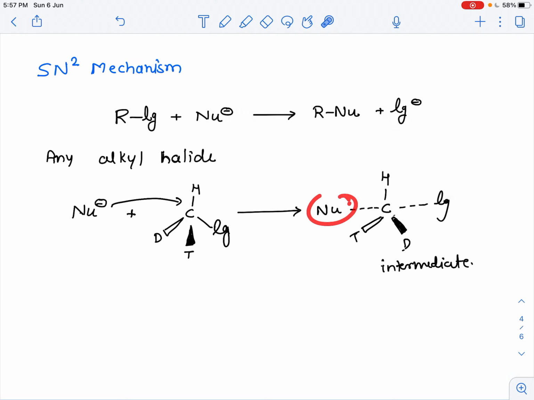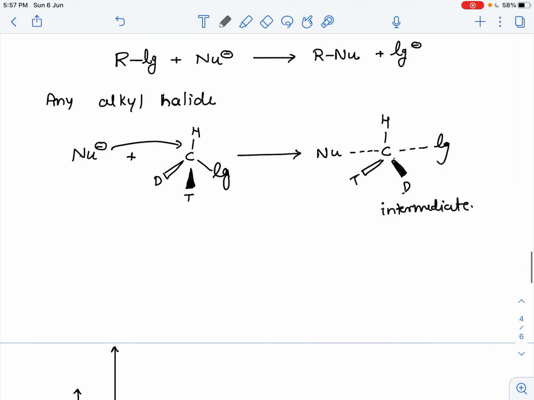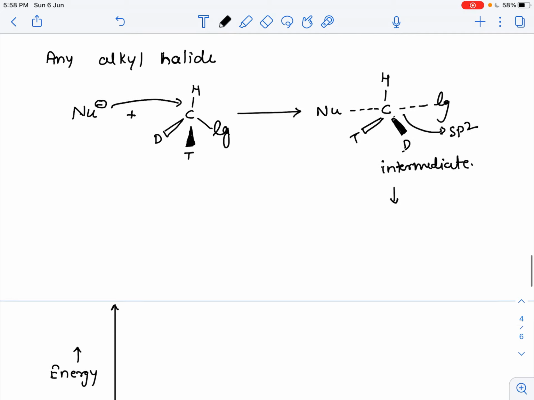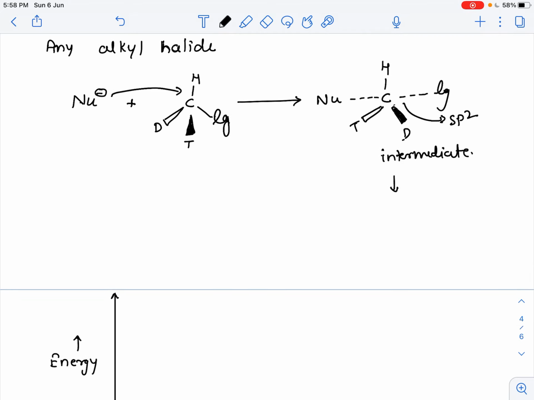Can you see this? 1, 2, 3, 4, 5. Its hybridization is sp2. Why sp2? Because there are 3 sigma bonds in the main plane. And the product we got is the inverted product.